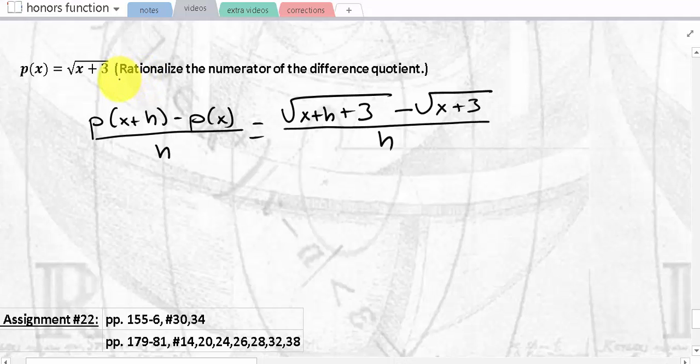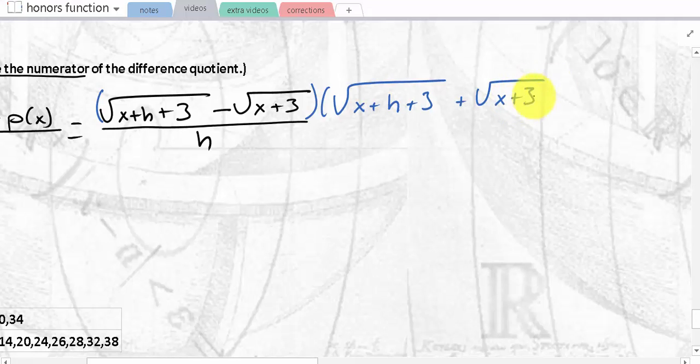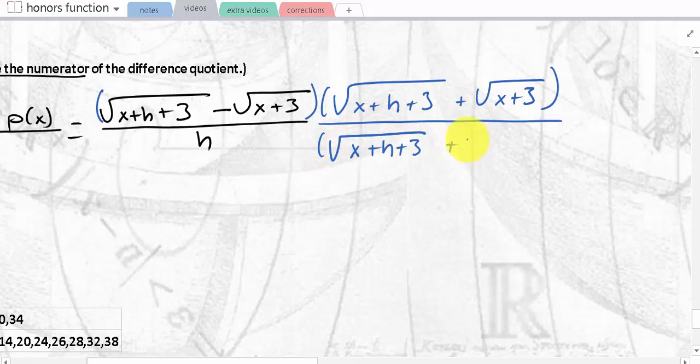Now, I'm telling you here to rationalize the numerator, so you know what you have to do. You need to multiply both sides of this fraction by the square root of x plus h plus 3 plus the square root of x plus 3, divided by, well, the same thing, right? The square root of x plus h plus 3 plus the square root of x plus 3.